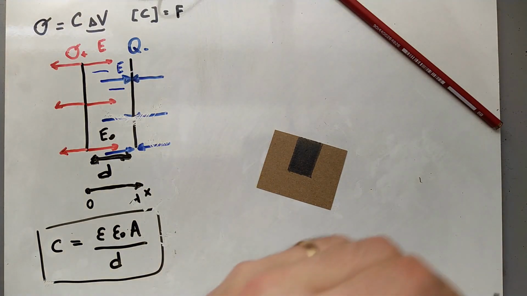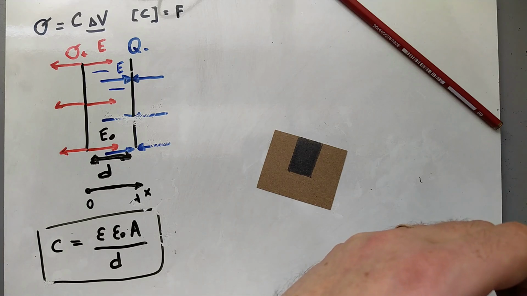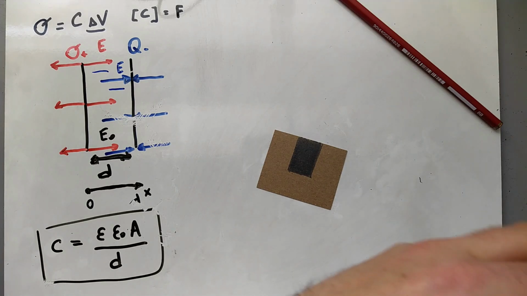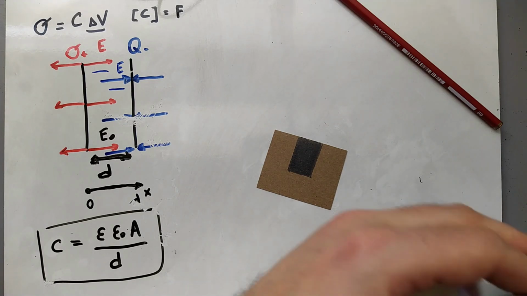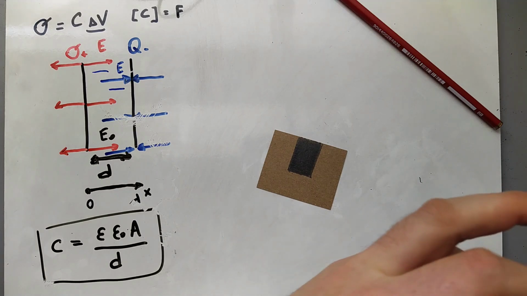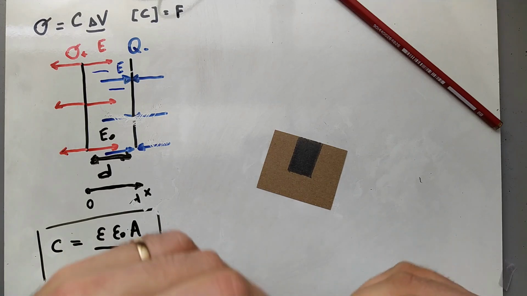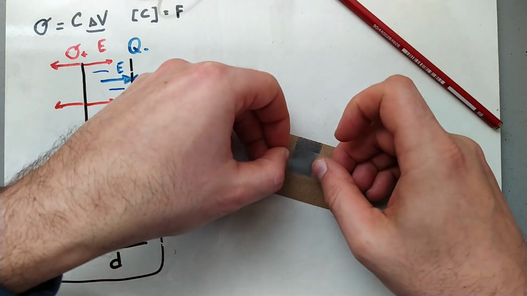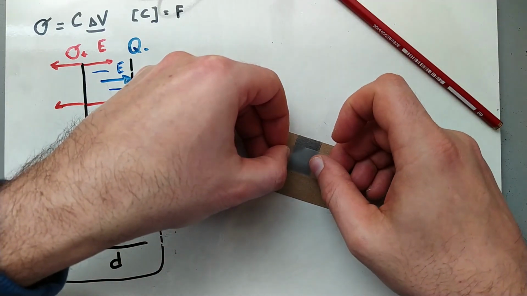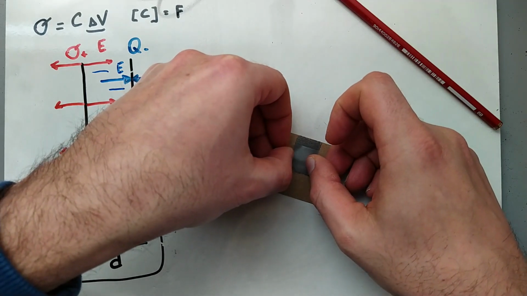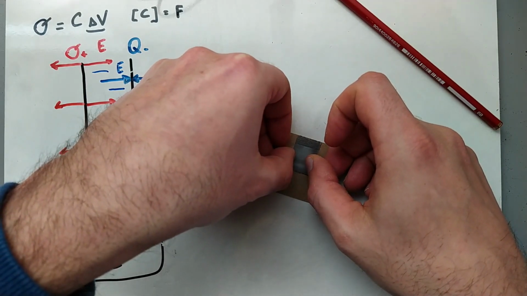Scissors. So this is our dielectric layer. Let's place it over our electrode.